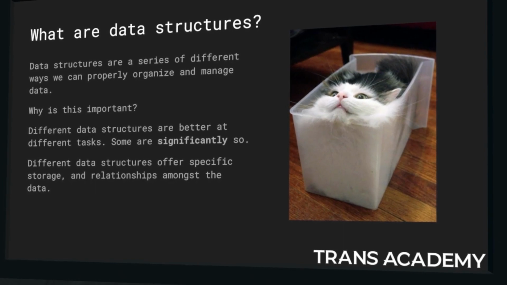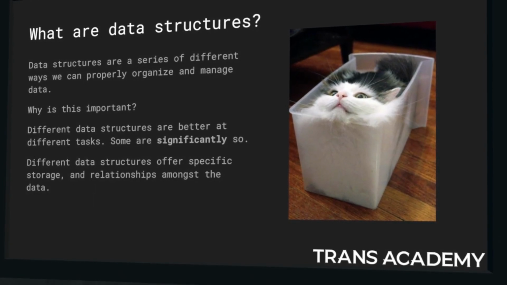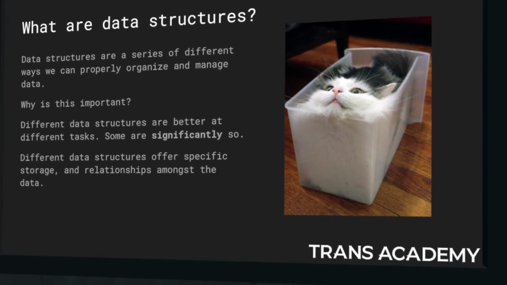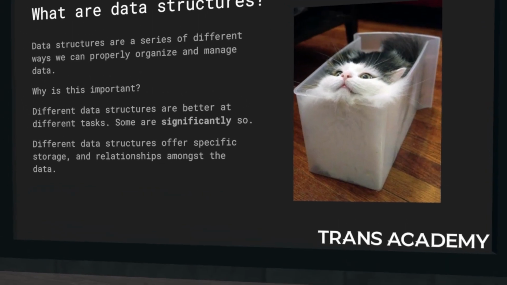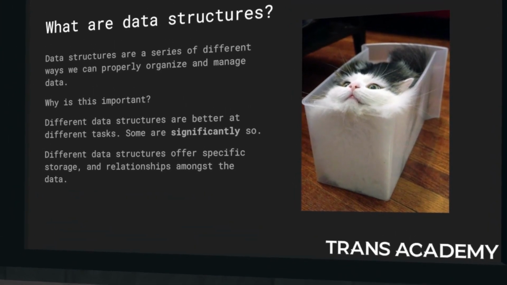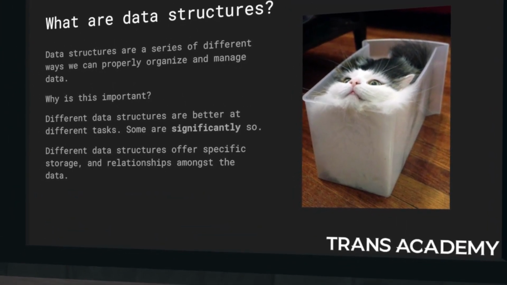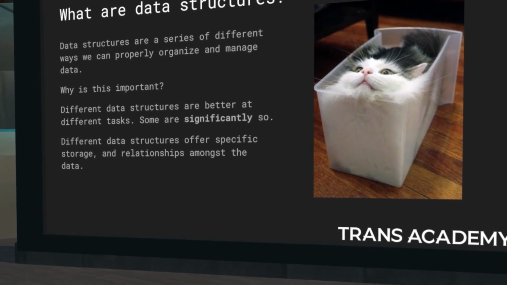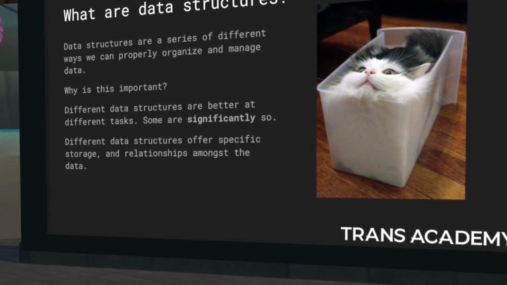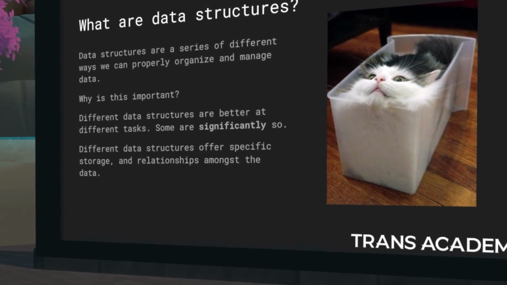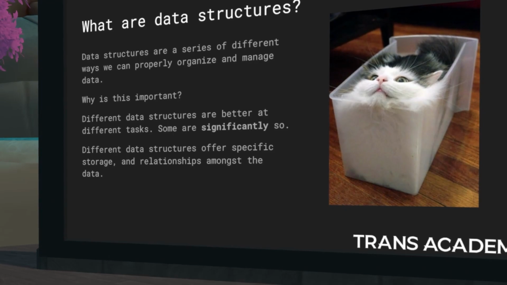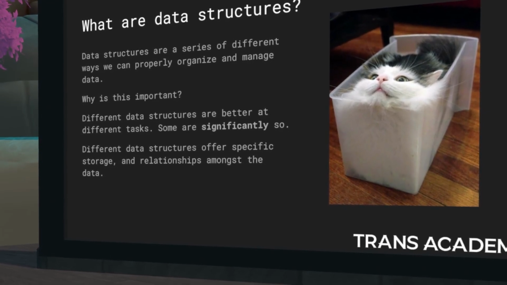The other consideration, and we're not going to get a huge amount into this, is that some data structures have significant trade-offs and considerations with speed, some of which are significantly faster. And as we are working in Python, which is a higher level language, that performance difference is going to be even more significant.